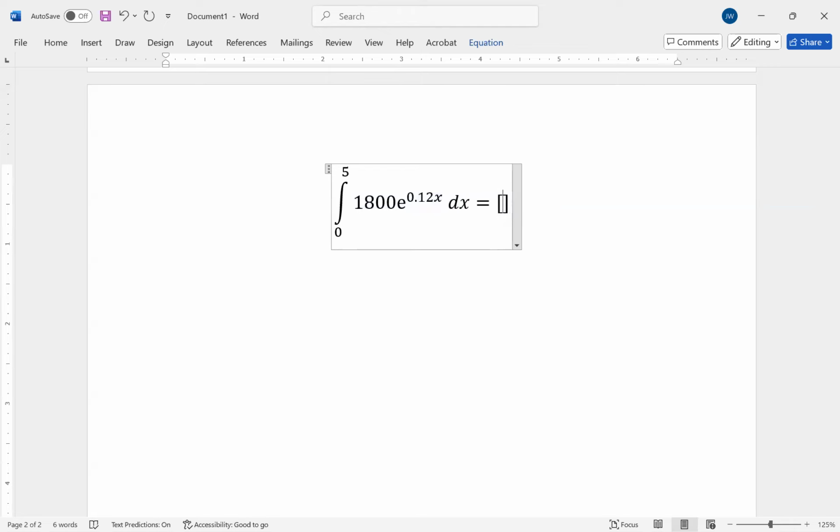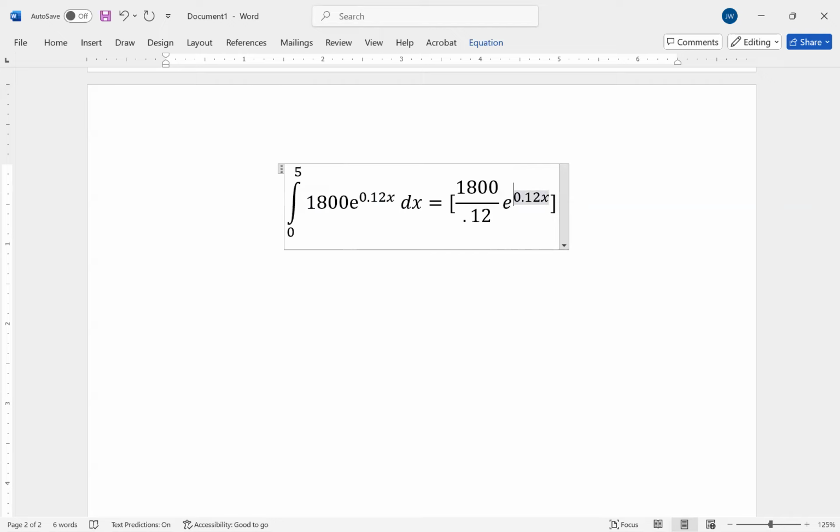So here we go. The antiderivative is going to be e to the 0.12x, and then I'm going to have to divide by 0.12. So I'm going to take 1,800 divided by 0.12 as my coefficient. I could add a +0 if I wanted to, but I'm not going to write that down.